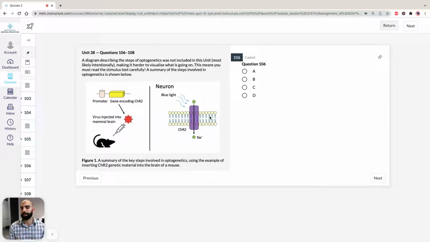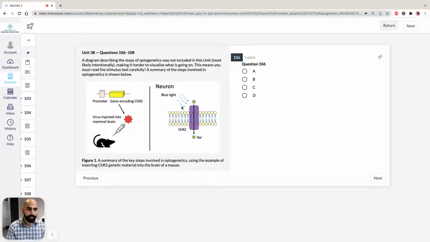It can then be manipulated by blue light to facilitate sodium ions and, say, action potentials in this region of the brain to activate a certain part of the brain, or you can use the blue light to inhibit the depolarization or membrane potential. So that's the theory behind it.